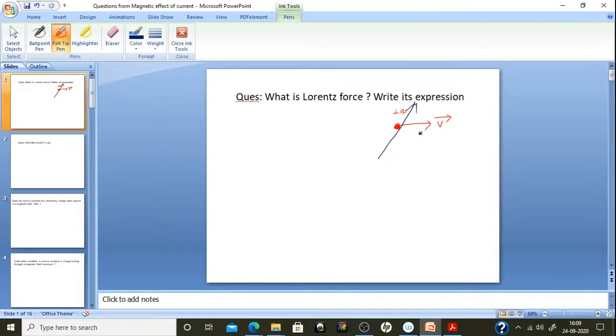Suppose in this direction we have magnetic field, right? Such that the angle between V and B is theta, right? So then a force will act on this charge particle, and the formula for that force is Q times V cross B, right?